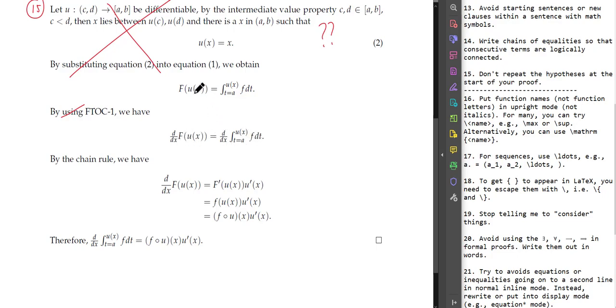This is just saying I have two things that are equal and I apply the derivative to both sides and they're still equal. That's not what FTC1 says. FTC1 actually tells you how to take the derivative. So what does FTC1 imply? Assuming little f is continuous, it implies that the derivative of big F is equal to little f.